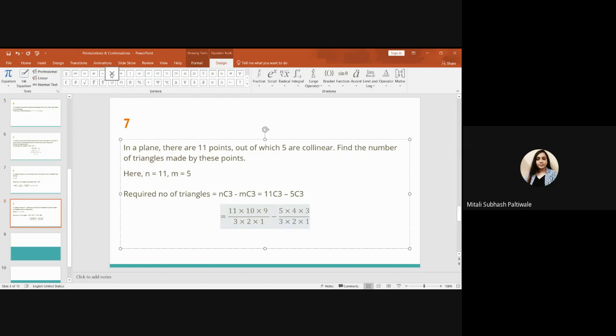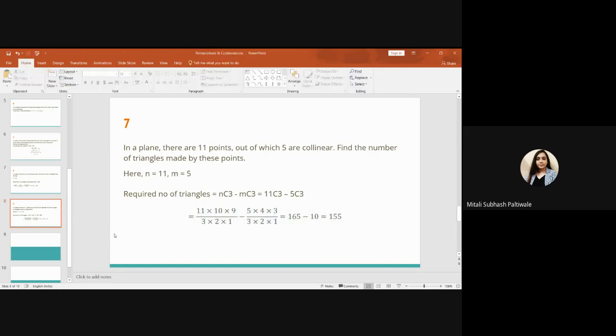Okay, now which would be equal to 165 minus 10, which is equal to 155. And that's it. There are 155 triangles made by 11 points, out of which 5 are collinear. So 155 triangles can be made.